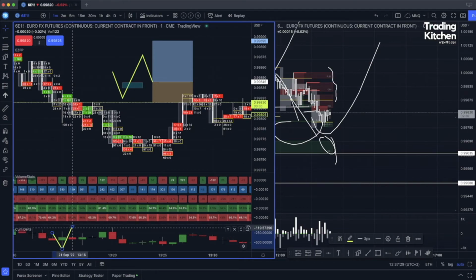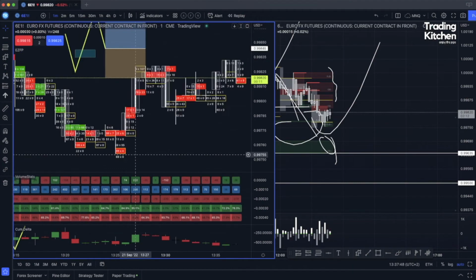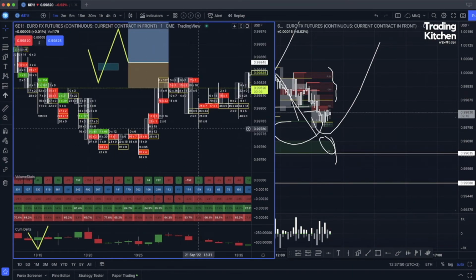So from this candle, I understand that the buyers are trying to enter the market. And as you can see, after this candle, we have a reversal or something quite similar to a reversal.